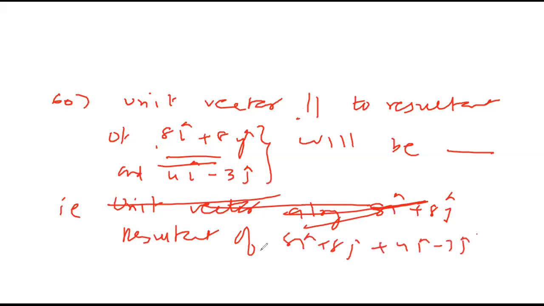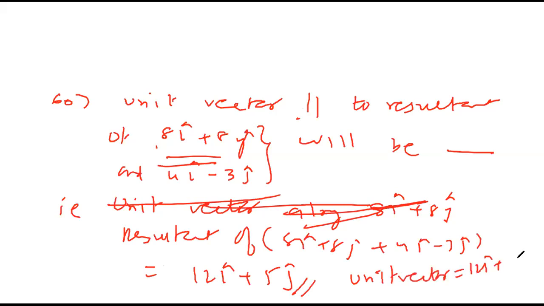Add both. This will be 12i cap plus 5j cap. So the unit vector parallel to this is 12i plus 5j upon root of 12 square plus 5 square, that means 12i plus 5j upon root of 169, which is 13.